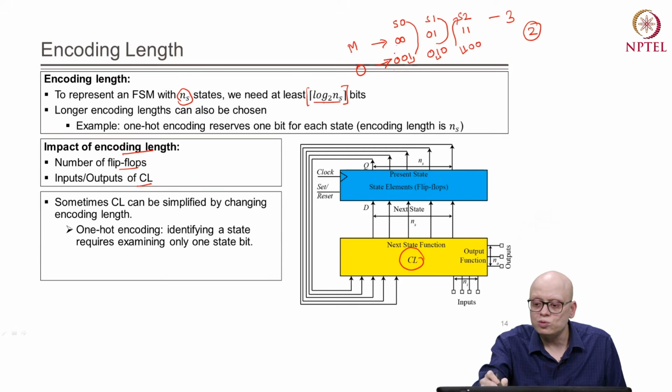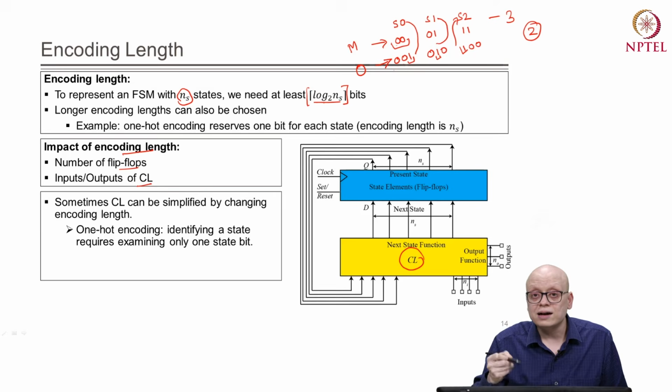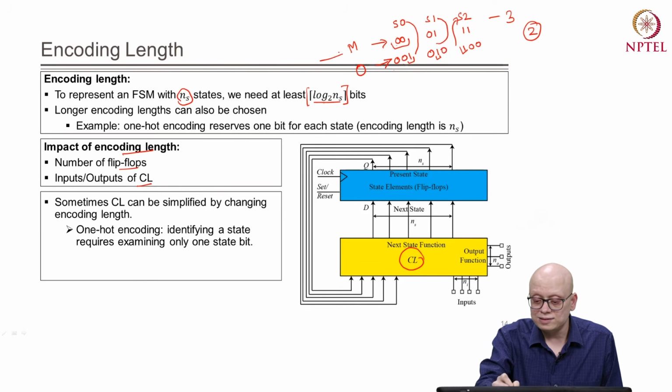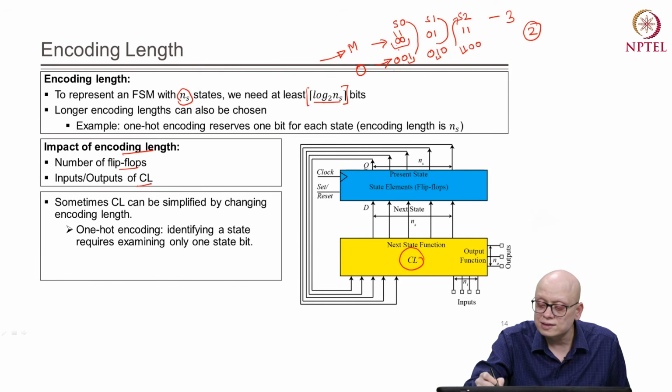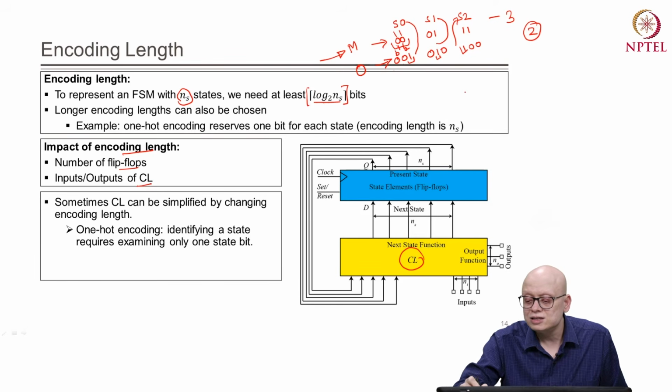In contrast, if you want to identify which state we are in in other kinds of encoding schemes, for example in this encoding scheme, we have to look at 2 bits and take the corresponding min term, and based on that min term we can say that we are in a given state. For example, if we denote the first bit as A and this as B, then the min term which identifies the state S0 will be A bar B bar, right.